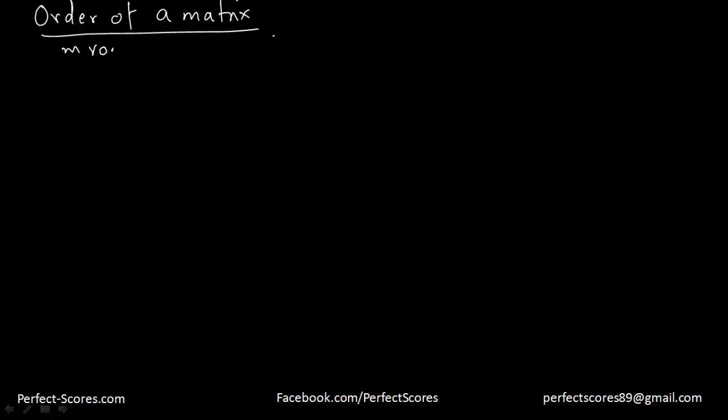Now let's go ahead and formally define a matrix. What do we mean by the order of a matrix? Let's suppose a matrix has m rows and n columns.